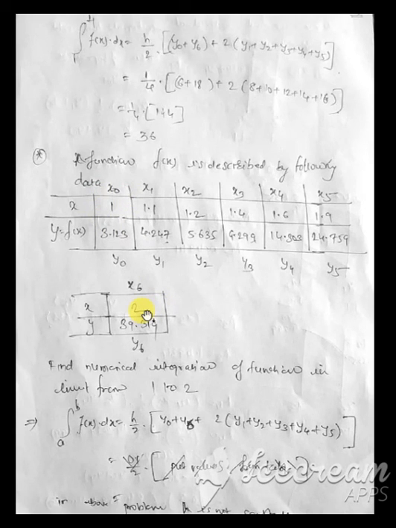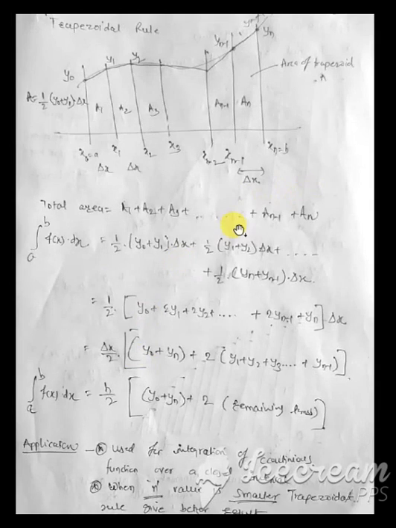From x0, this is x1, x2, x3, x4, x5, x6, means here n is equal to 6. And here y0 to y6 are already given, not to be found.